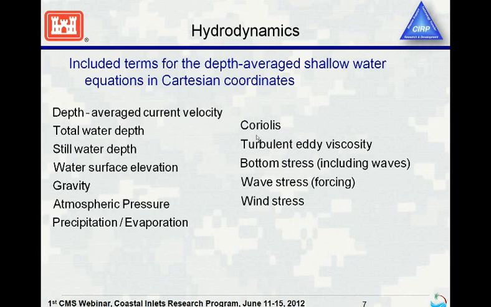We do have Coriolis. We calculate eddy viscosity. We have a bottom stress that also includes the wave effects. We also force with wave stresses when the information comes from our wave model, and we can also force with a wind stress as well in various different formats.